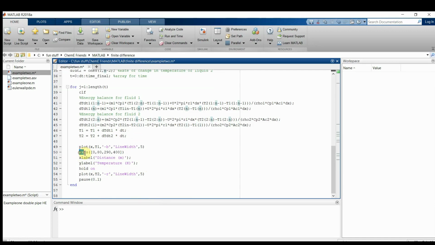And we will plot it. We have axis size for the x-axis 0 to 80, which is the length of our heat exchanger, and the y-axis ranging from 290 to 400, because thermodynamically it cannot be less than 290 or greater than 400. So we are writing x label, y label, holding on for the plot between x and T2.